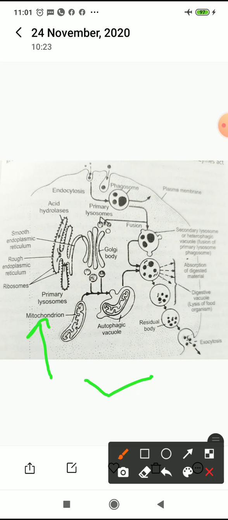That means digestion of endogenous material. By this process, mitochondria are constantly removed by autophagy. Another type of intracellular digestion is heterophagy. Heterophagy means intake of exogenous material into the cell and its breakdown by lysosomal enzymes.